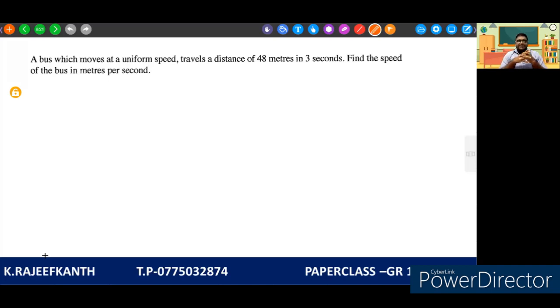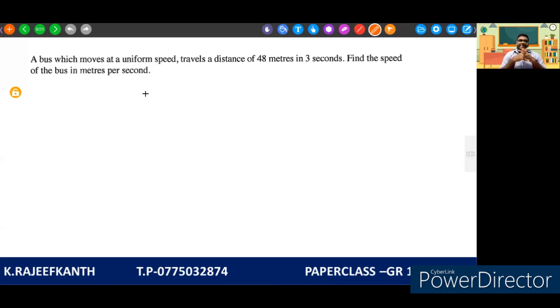It travels 48 meters in 3 seconds. So you have to find the speed of that bus in the unit of meter per second.